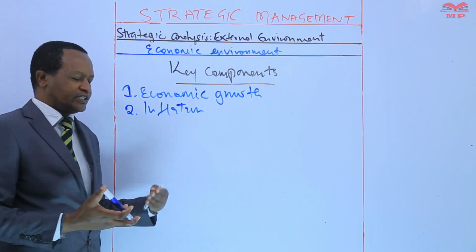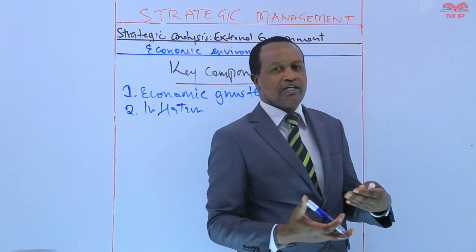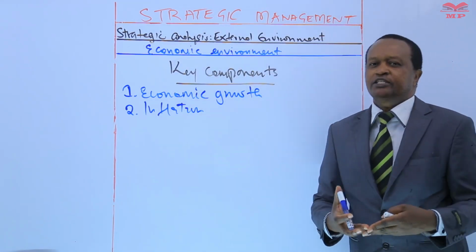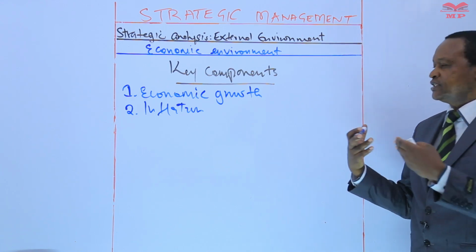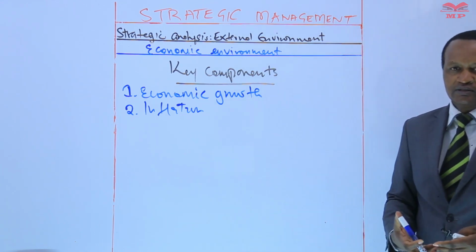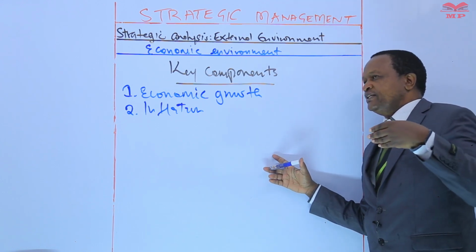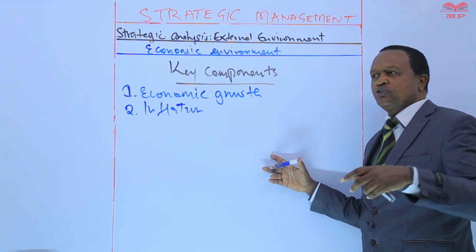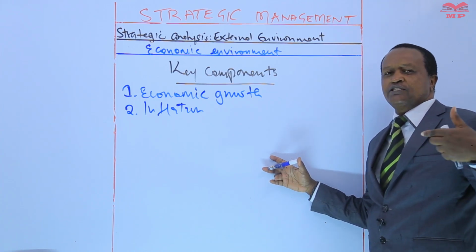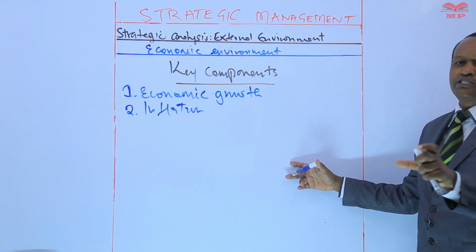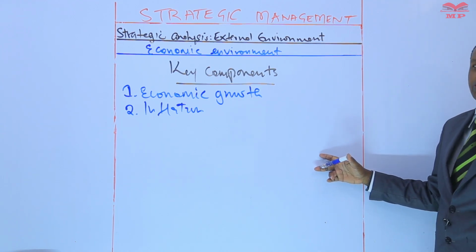Inflation is the persistent increase in the prices of goods and services, and it erodes the purchasing power, it affects consumer behavior, and influences interest rates. So businesses need to monitor the inflation trends in order to adjust pricing strategies and manage business costs. You understand? Inflation.